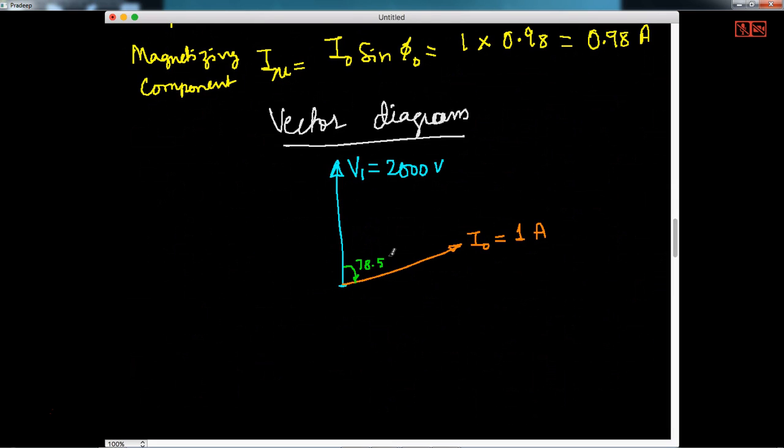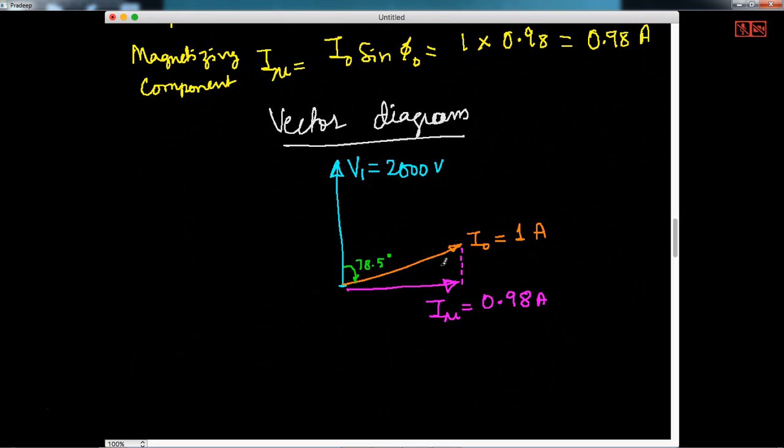Accordingly, if I take the components, the horizontal component will be I mu, and this I mu will be 0.98 amperes.